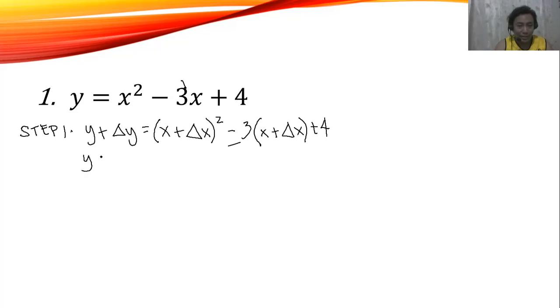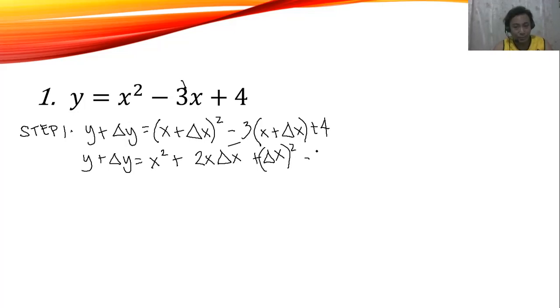Continuing, y plus delta y is equal to, using the binomial theorem or Pascal's triangle, (x plus delta x) squared is x squared plus 2x delta x plus delta x squared, minus, distributing, 3x plus 3 delta x, plus 4.